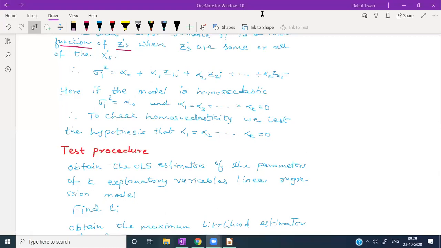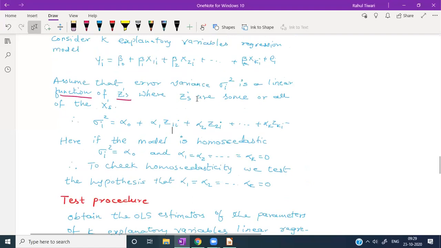What is z1, zi? See, all these z_i's may be your x only. Z1, z2, it is written here, you can see z's are some or all of the x. Actually I could write x also, but it can be some function. Like if you have an x matrix maybe 3 cross 3, it can be 2 cross 2 also.